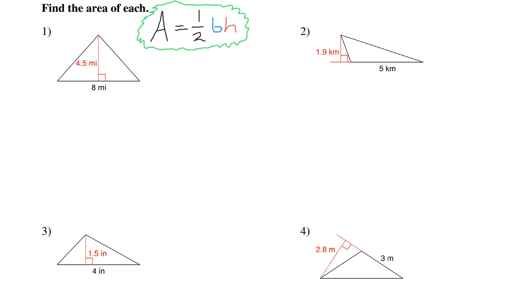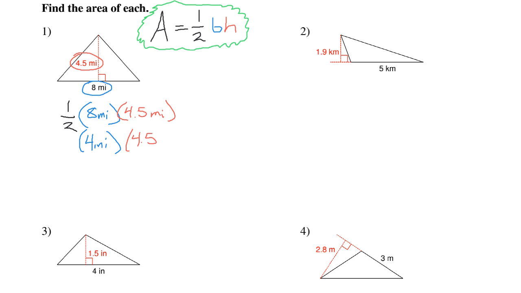Okay, so in this first triangle, let's call our base this 8 miles. Now let's call our height this 4.5 miles. So what we're doing is we're multiplying 1/2 by 8 miles and multiplying that by 4.5 miles. Now, if we start doing some of the multiplication on this, 1/2 times 8 is 4 miles. And of course, the 4.5 miles gets left alone.